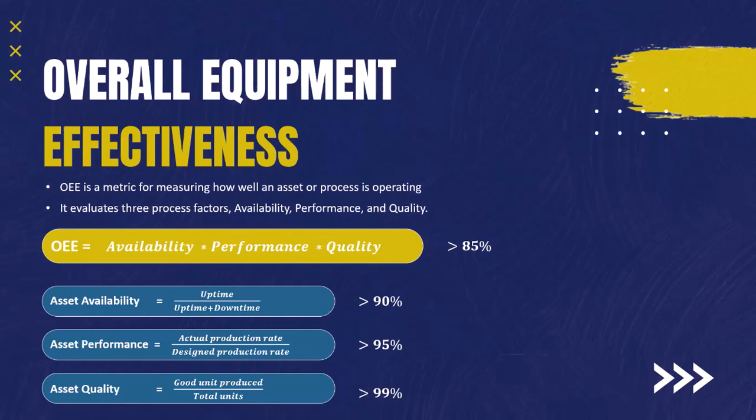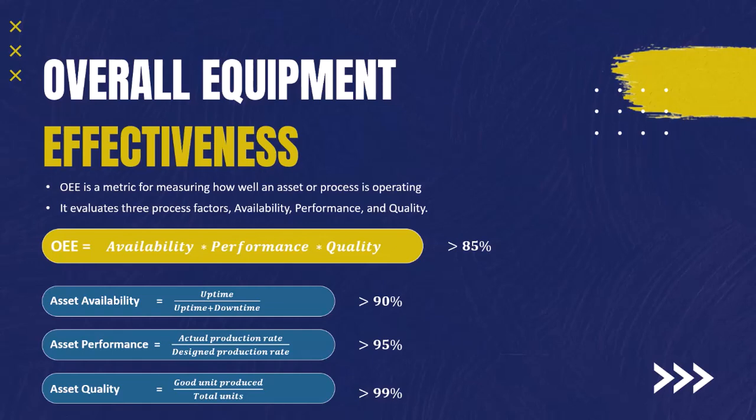As you can see here, availability measures the equipment failure and setup adjustments, and it equals the asset's uptime over the total uptime plus downtime, while performance measures the minor stoppage and reduced speed, and it equals actual production rate over the designed production rate, and finally quality, and it measures the process defects and the reduced yield, and it equals the good units produced over the total units.